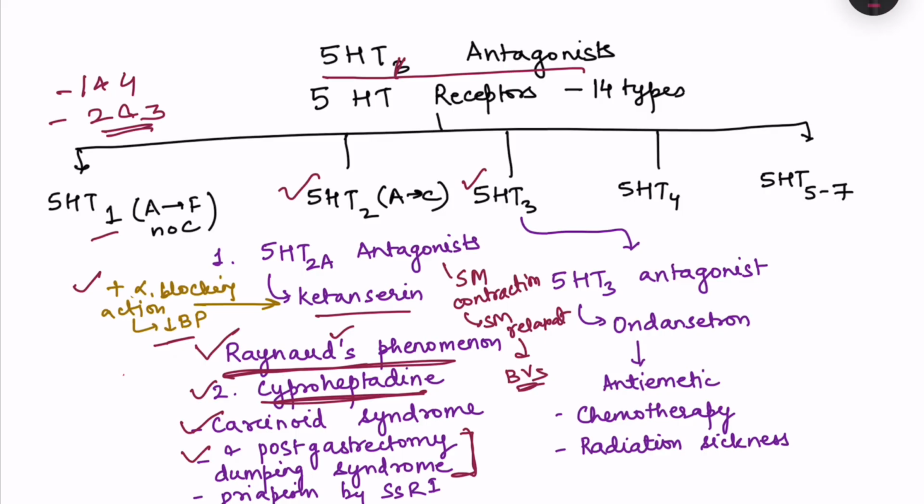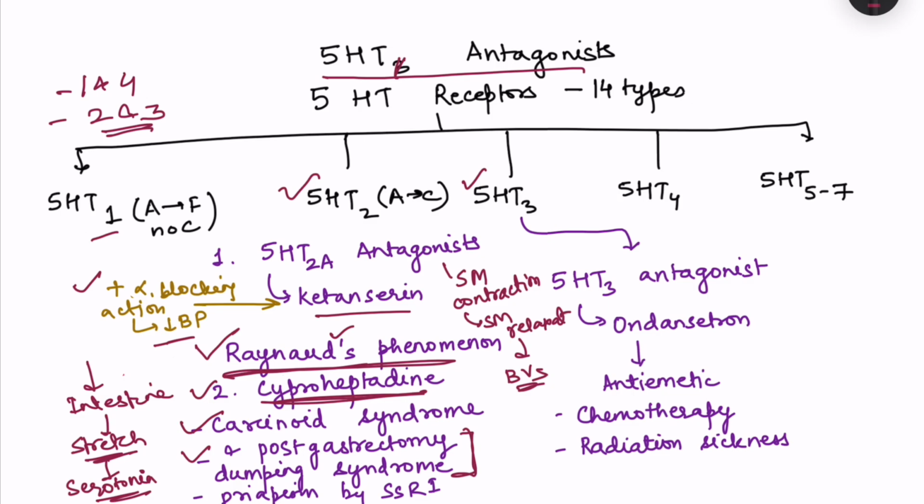So a lot of food will dump into the intestine fast. Now this is going to stretch the intestine, and we have seen how serotonin is released because of the mechanical stimulus as well. So that stretch is a mechanical stimulus, and that is going to cause release of serotonin from enterochromaffin cells.